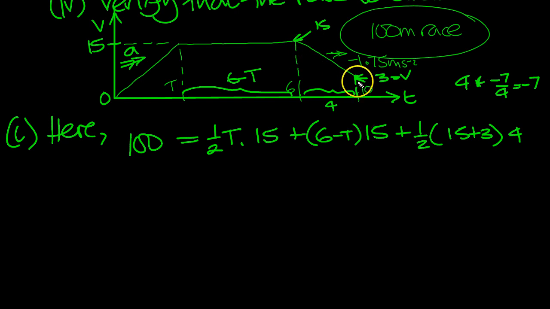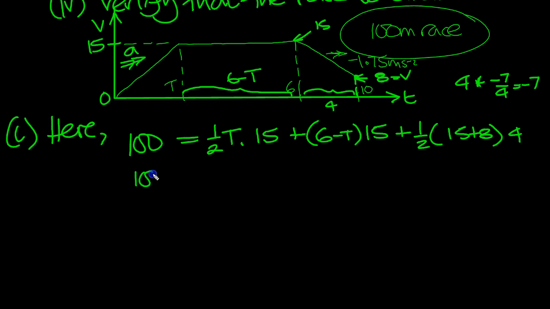As we said, 4 times 7/4 is 7, that's the decrease in speed from 15 down to 8. So 15 minus 7 is 8. For some reason I wrote down 3, which is hard to believe, so it's an 8. So that's good.